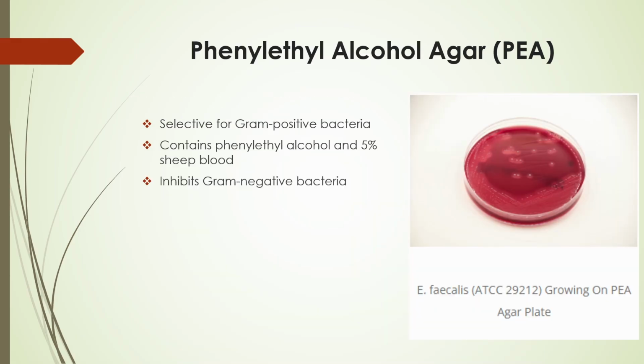Phenylethyl alcohol agar, PEA, is selective for gram-positive bacteria, contains phenylethyl alcohol and 5% sheep blood, and inhibits gram-negative bacteria. Gram-positive bacteria are the main target of the selective media known as phenylethyl alcohol agar, or PEA.